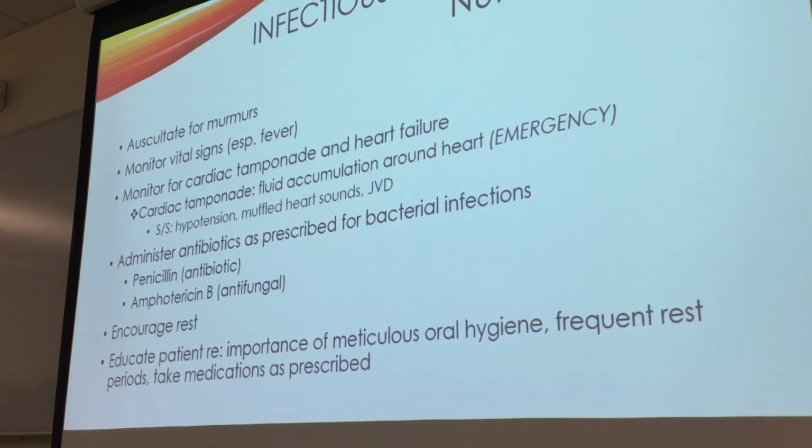And then medications for infectious valve disorders. Penicillin can be given as an antibiotic, and also amphotericin B would be used for any fungal infection. Again, encouraging rest. And then educating patients about meticulous oral hygiene, frequent rest, and following their medications as prescribed.